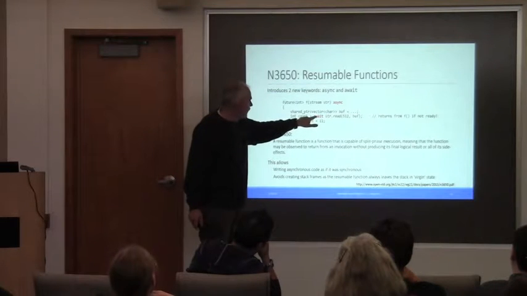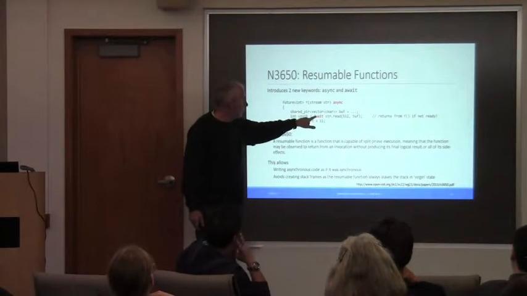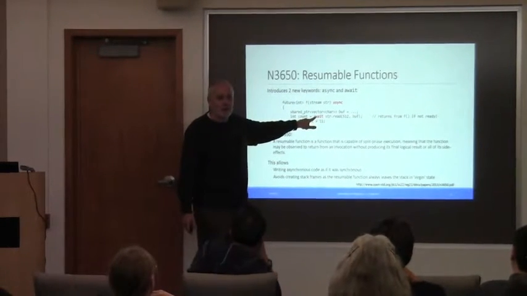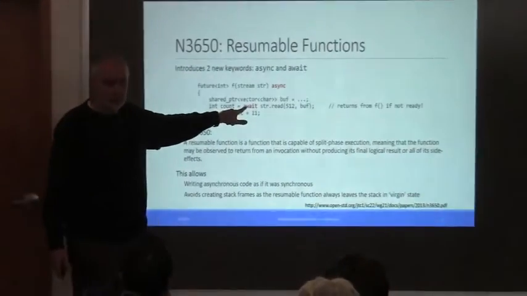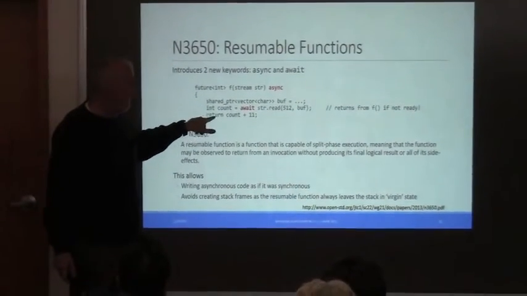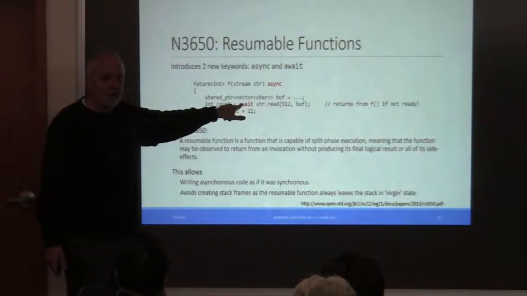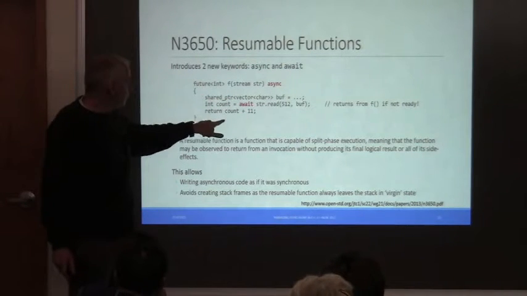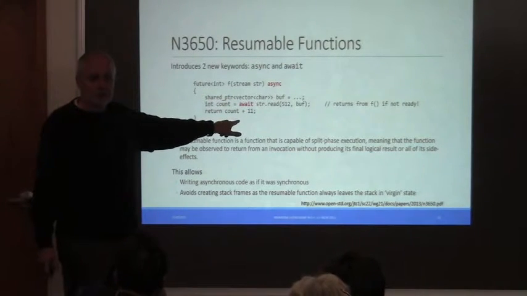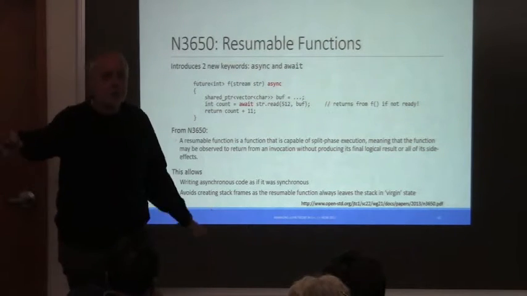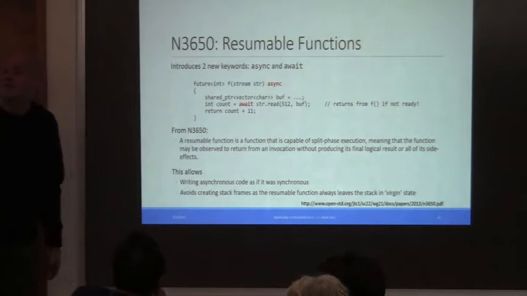That tricky code will return from F at the point of the await. Just think about it. It doesn't wait for the final return. It returns immediately from F and gives it a future representing the final result of the function, which will be computed at some point. Yes?